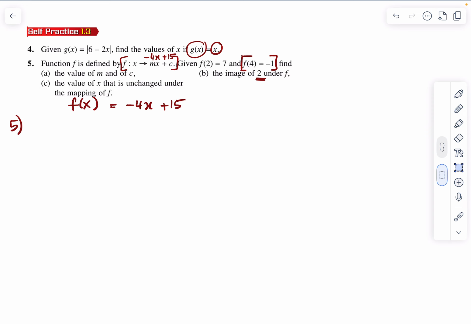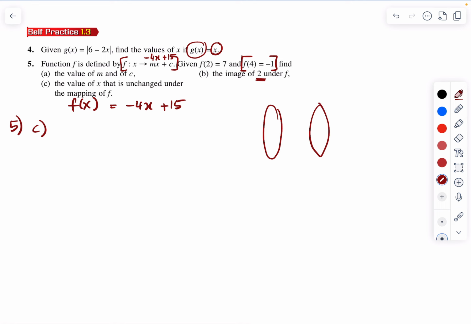Last one, let's look at C. Okay, the value of x that is unchanged under the mapping of f. Unchanged means when you map something, let's say when you map 5, you get 5, or when you map x, you get x.